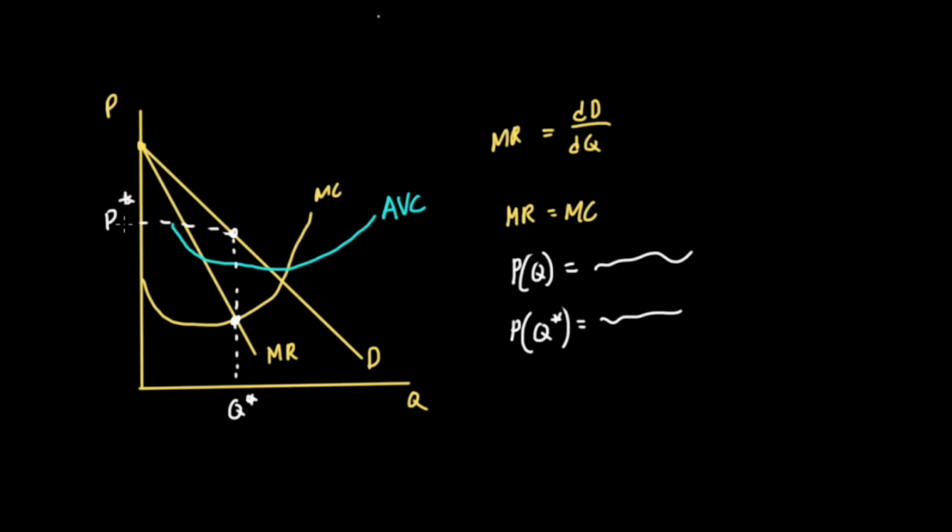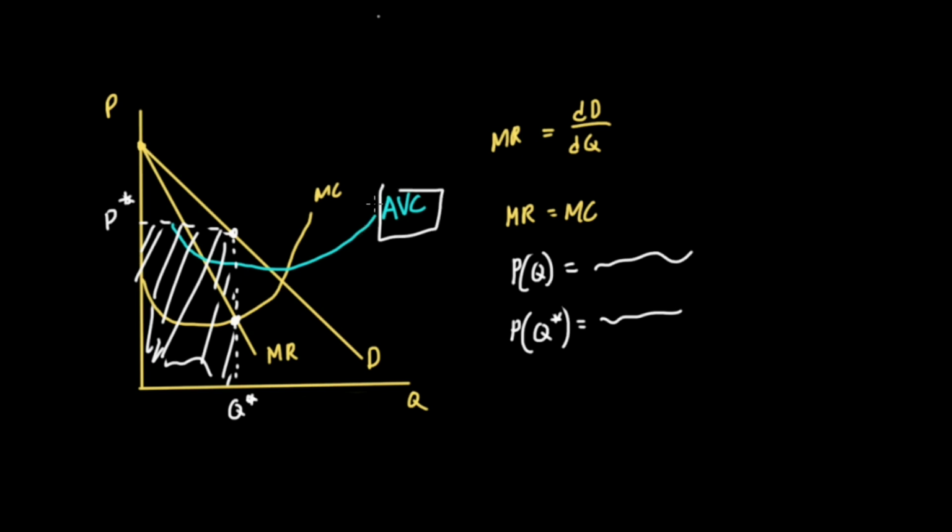And so will the firm continue to operate given this or not? Well, we know that this graph here just represents the revenue of the firm, P times Q. So this whole thing here is the revenue of the firm. But what is the cost of the firm? Well, the cost per unit of the firm is here, denoted by AVC.